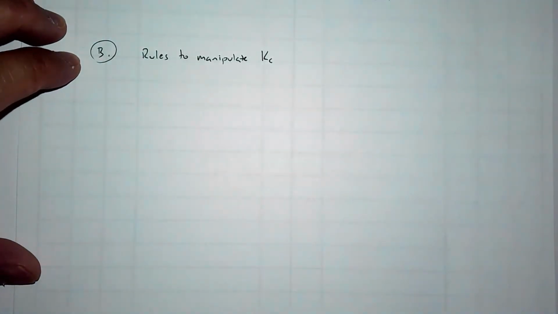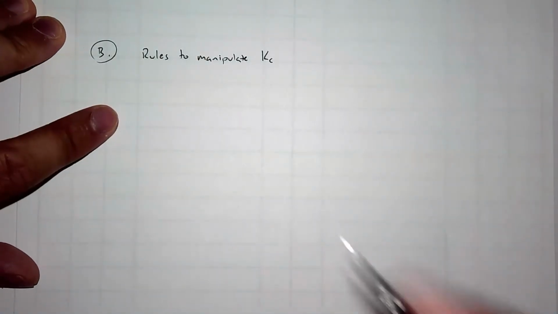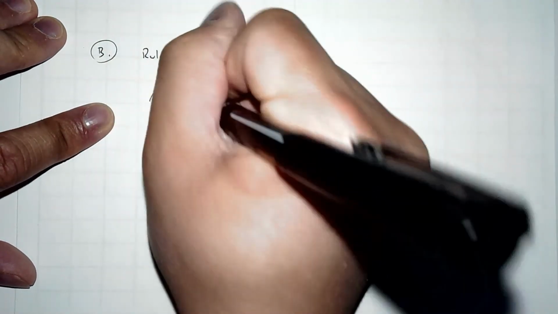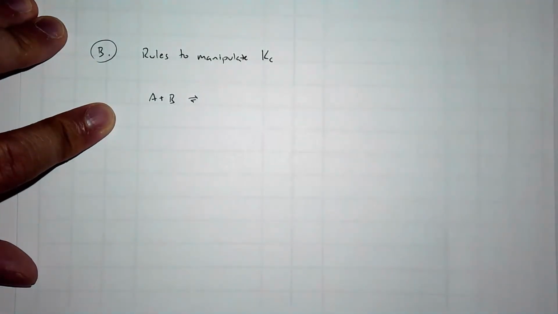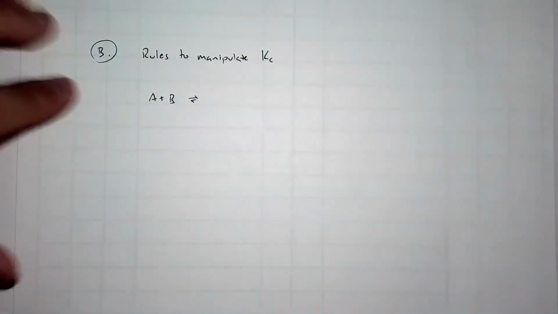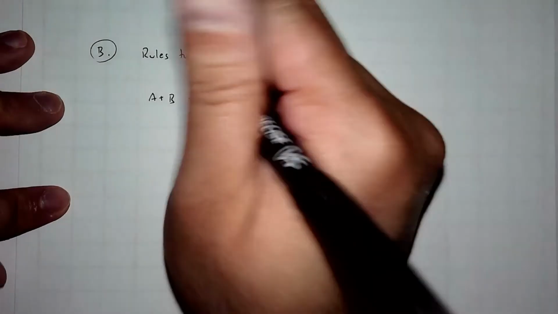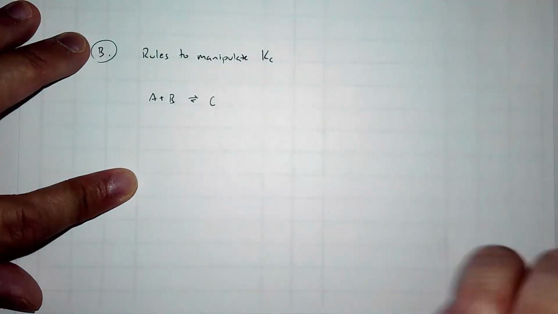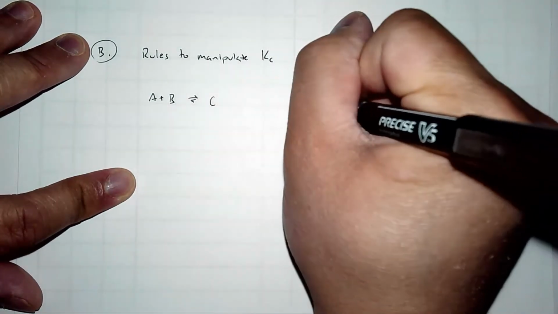First thing, let's get a reference reaction. The reference reaction is going to be simply A plus B goes to C, and let's give this a value. Let's work with some real values.